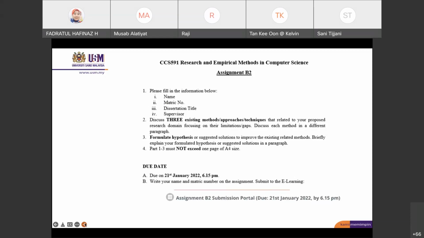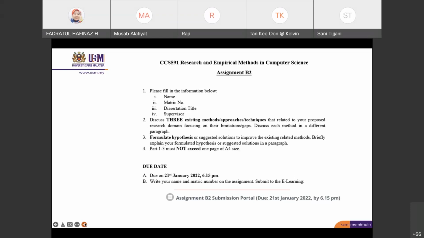The second section is where you need to discuss 3 existing methods, approaches or techniques related to your proposed research domain, focusing on their limitations and also the gaps. You need to discuss each method in a different paragraph. The third section is where you need to formulate your hypothesis or suggest a solution to improve the existing related methods that you have discussed in section number 2.